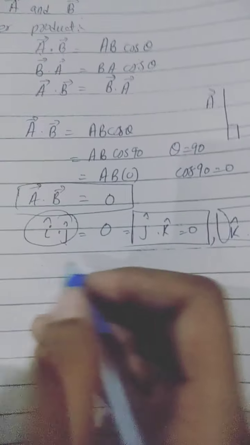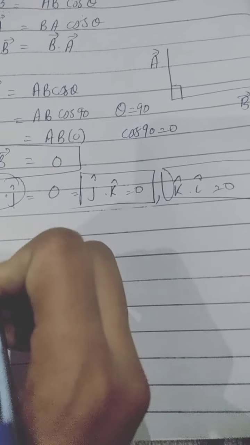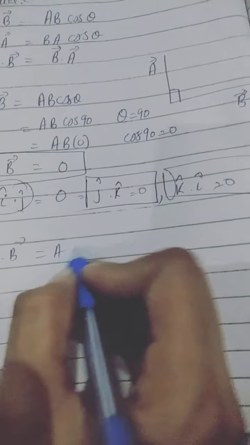And the scalar product of similar vectors, for example parallel vectors, is equal to AB. Property number 4: A dot B is equal to AB cos theta.